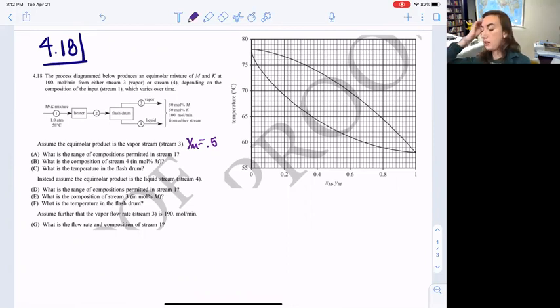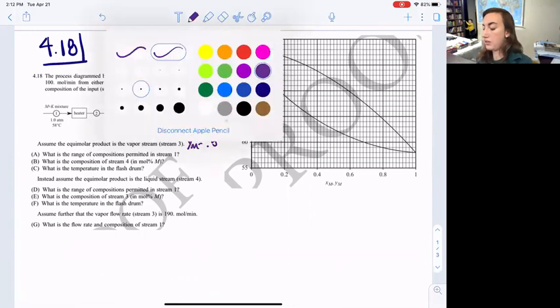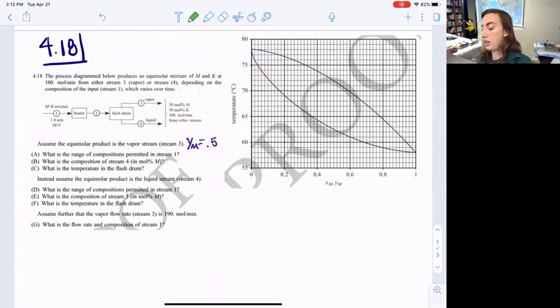So let's first, before we even get started in trying to answer questions, just label what's going on in our TXY diagram. Increasing temperature favors the vapor, so this is our vapor region up here, and this is our liquid region down here, and in this whole envelope is vapor-liquid equilibrium.